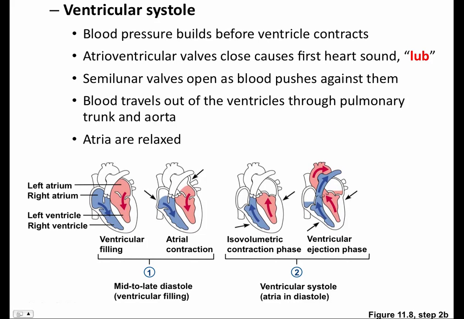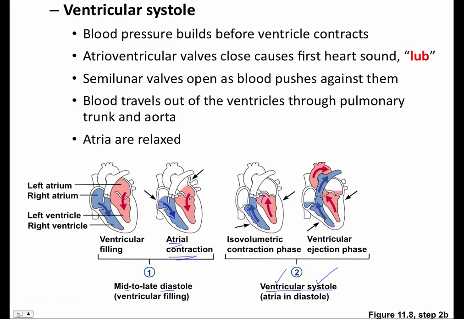So one step back: the end of mid to late diastole is going to culminate in our atrial contraction. Now, what happens after our atria contract? We're going to eject all that blood into our ventricles. At the very beginning of ventricular systole, which deals with ventricles contracting, we're going to force all that blood back towards our atrioventricular valves.